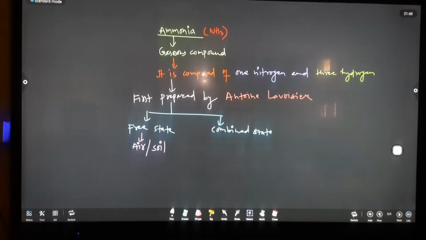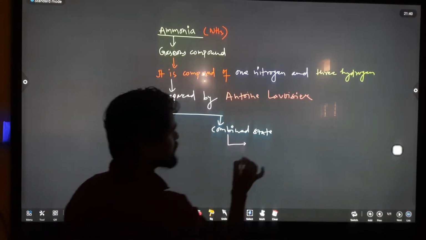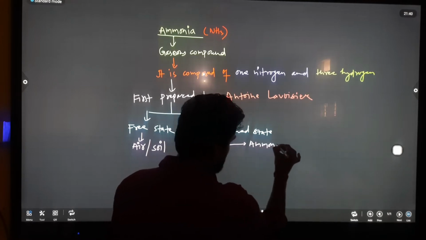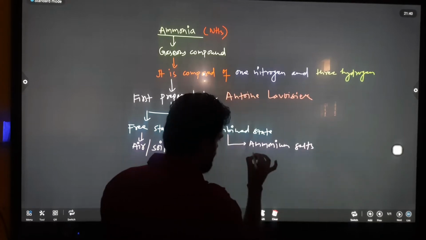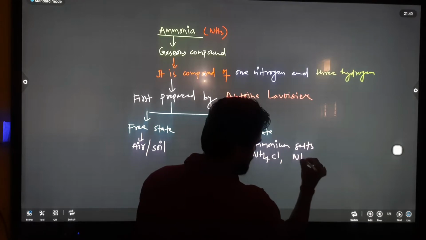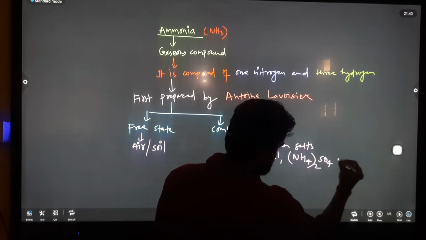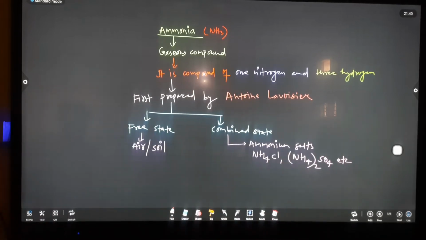Similarly, in combined state, we can get it in ammonium salts, like ammonium chloride, NH4Cl, like ammonium sulfate, etc. So this is about the occurrence of ammonia gas.